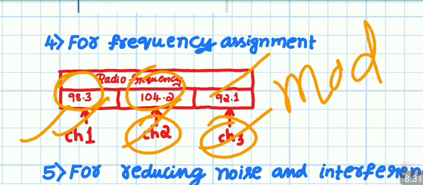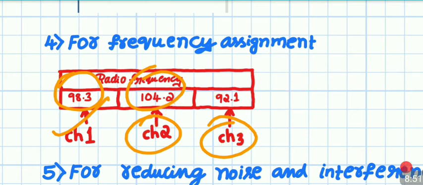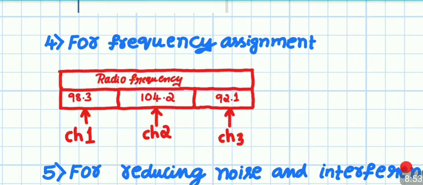If I change the carrier frequency and modulate the three signals, though they are the same voice signals, we can change the frequency. We can assign the range of the frequency. By assigning the range of the frequency, we can do the frequency assignment. For that also we need modulation.